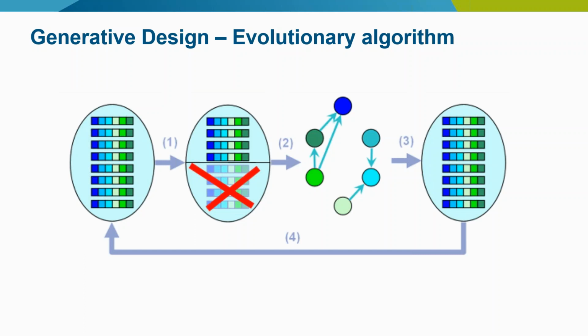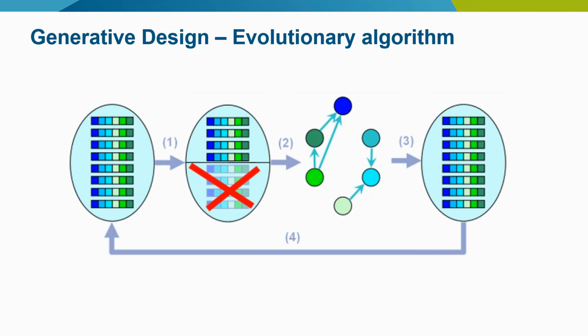And there are a lot of them, and one of them is evolutionary algorithms. And to explain how this sort of works, you can generate a couple of designs based on your parametric model, and then evaluate these designs, and then choose to throw away the bad ones, and the ones which perform well, you keep them.